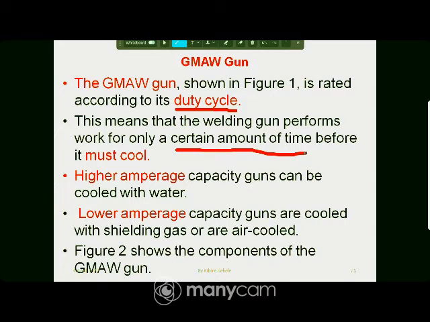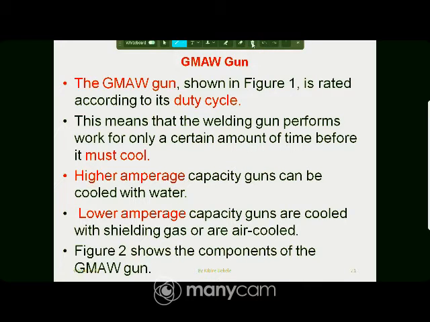This comparison is always within 10 minutes. So there are 70% duty cycle machines, maybe 100% duty cycle, 70% duty cycle, or 60% duty cycle. So it depends on the duty cycle of the machines.